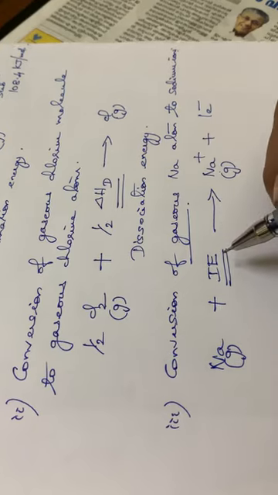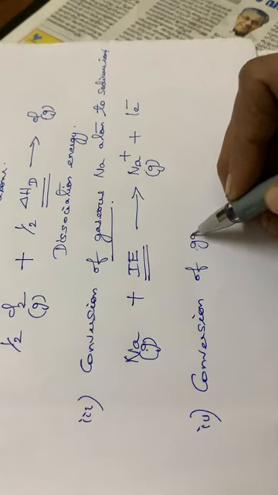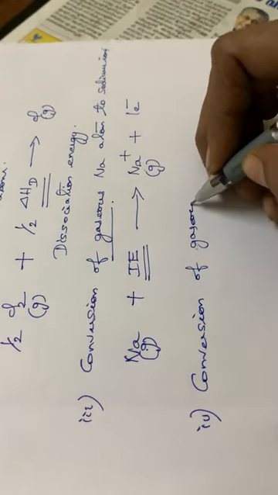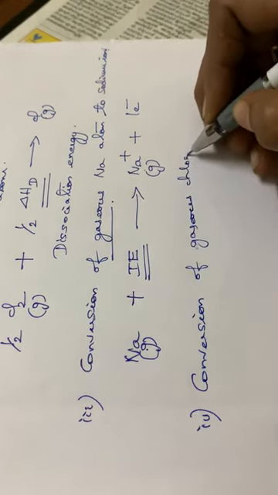And the last step is the conversion of a gaseous chlorine atom to a chloride ion. Chloride ion means Cl-, isn't it?